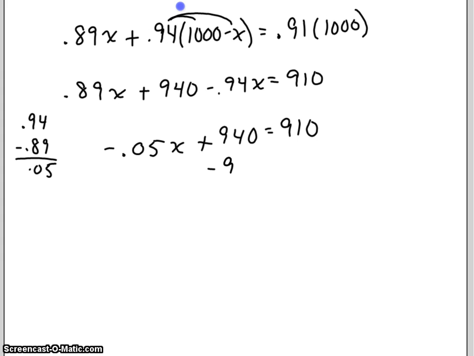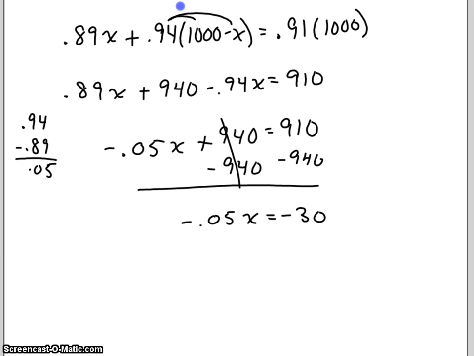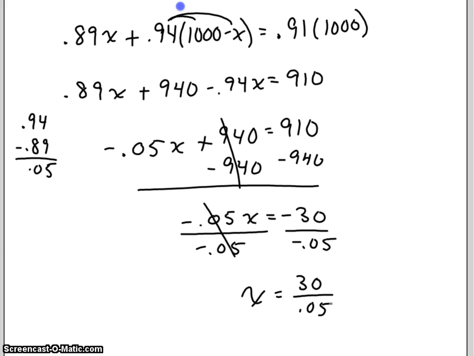Now we have to subtract 940 from both sides. So we have to figure out what 910 minus 940 is, it's going to be a negative 30. Now we're going to divide both sides by negative 0.05. That's going to be positive. These will cancel out. So basically we're going to get 30 divided by 0.05.